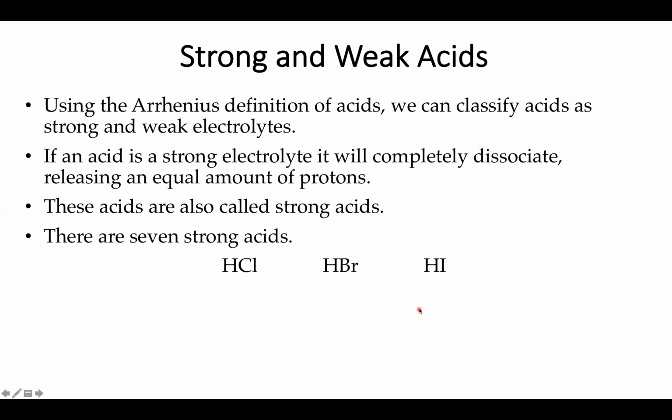However, our other 3 halides make perfectly good strong acids. The other 4 are our oxyacids, and we've seen these a fair amount: nitric acid, sulfuric acid, chloric acid, and perchloric acid. All 7 of these, when you put them in water, completely dissociate, making chloride, bromide, iodide, nitrate, sulfate, chlorate, and perchlorate.